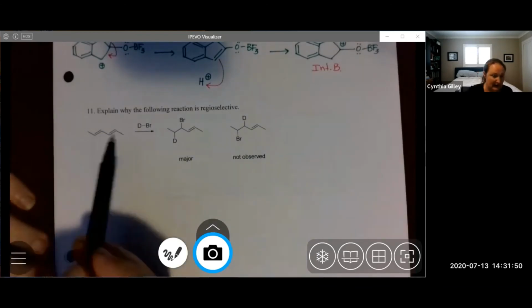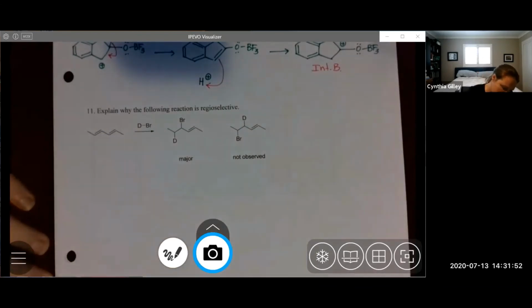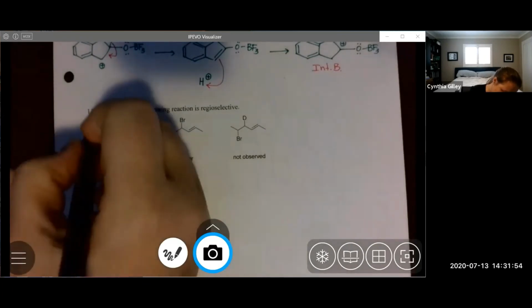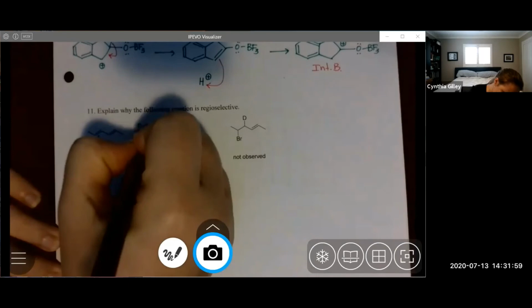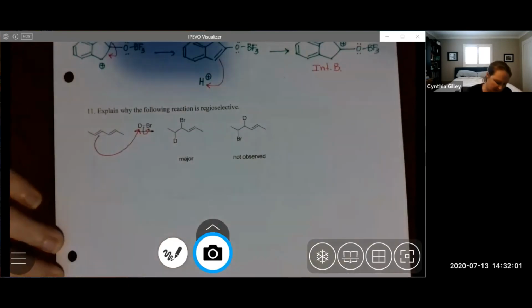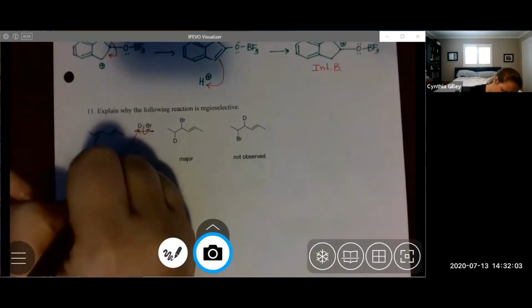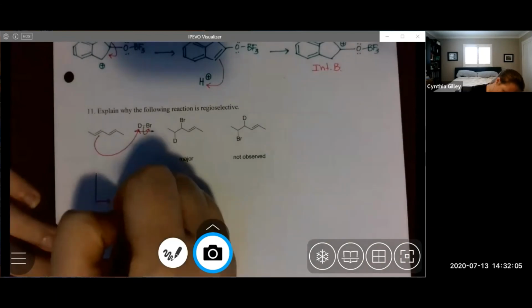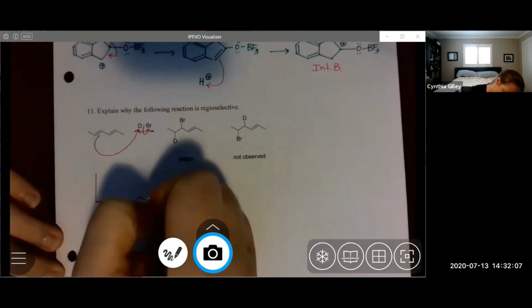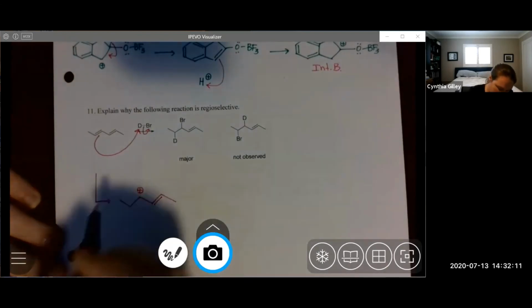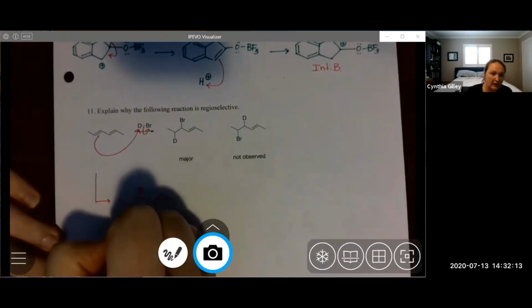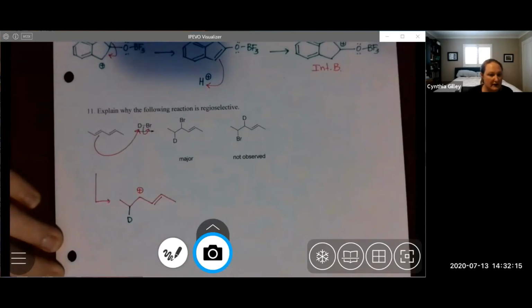So this is a conjugated diene. And if you recall, we always show proton transfer, which in this case is a deuterium transfer, occurring at the terminal position of the conjugated system.